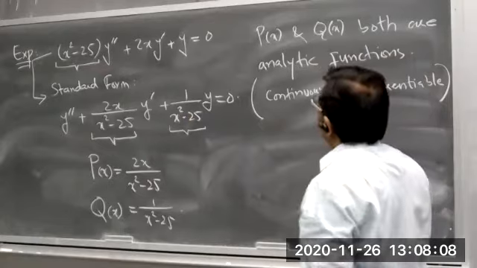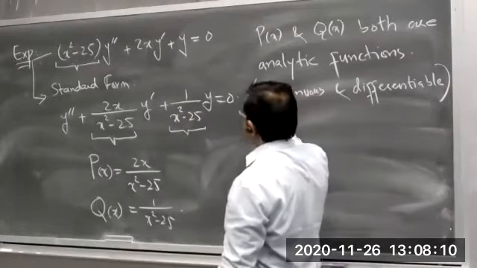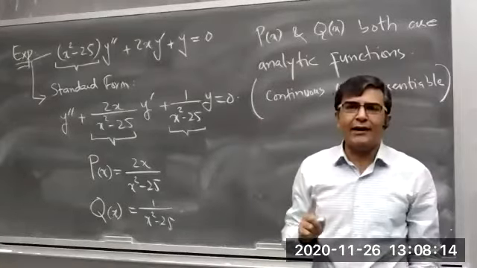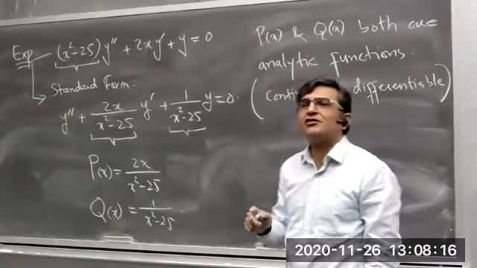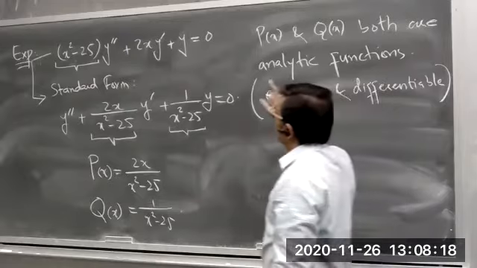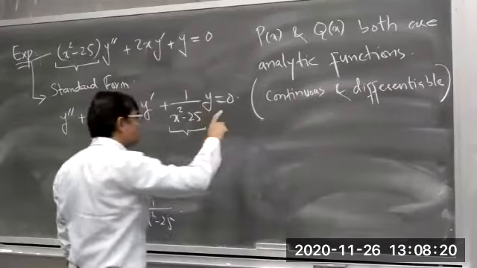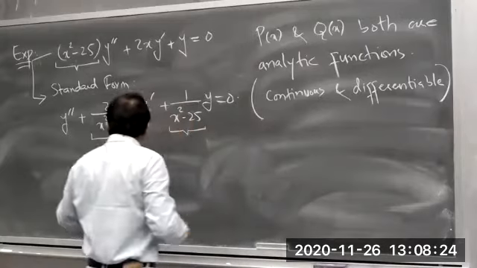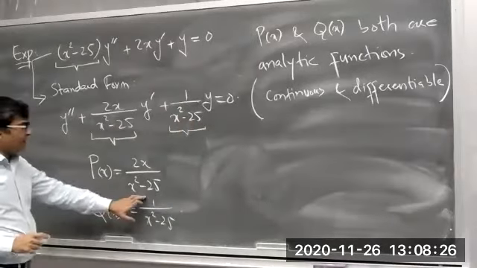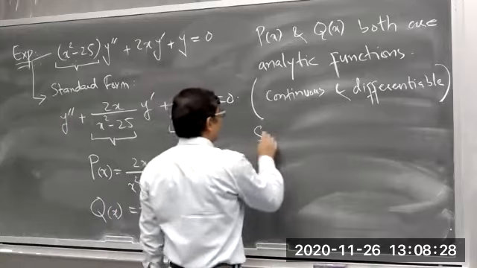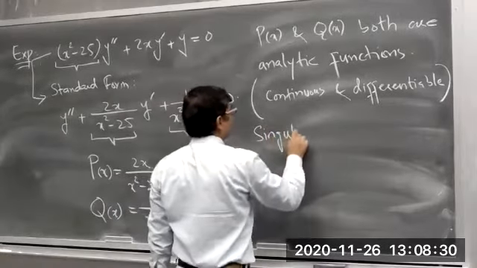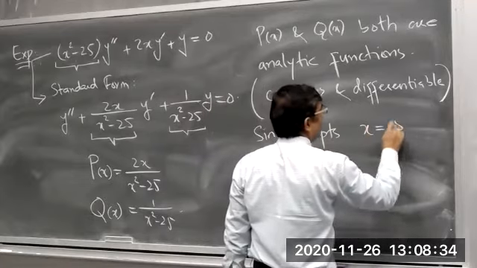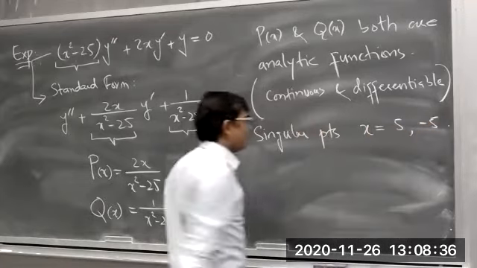So here we have to check both P of x and Q of x. Both functions should be analytic. If at least one of the functions is not analytic, then we say that point is a singular point. So singular points here for P of x and Q of x are plus minus 5. So the singular points here are x equal to 5 and minus 5.